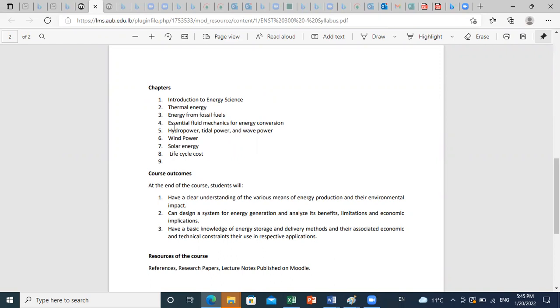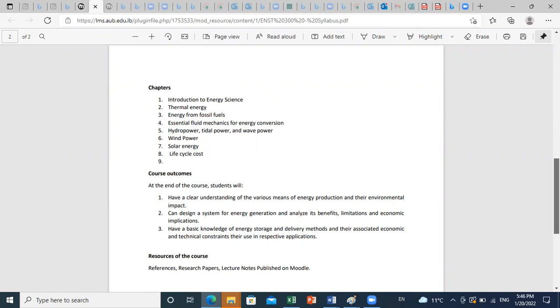We'll go over the essential fluid mechanics for energy conversion, hydropower, wave power, etc. And as we said, we'll go over renewable energies like wind power, solar energy, and also hydropower, of course, which is one type of renewable energy. And the final chapter will be on economical analysis, so it's the life cycle cost.